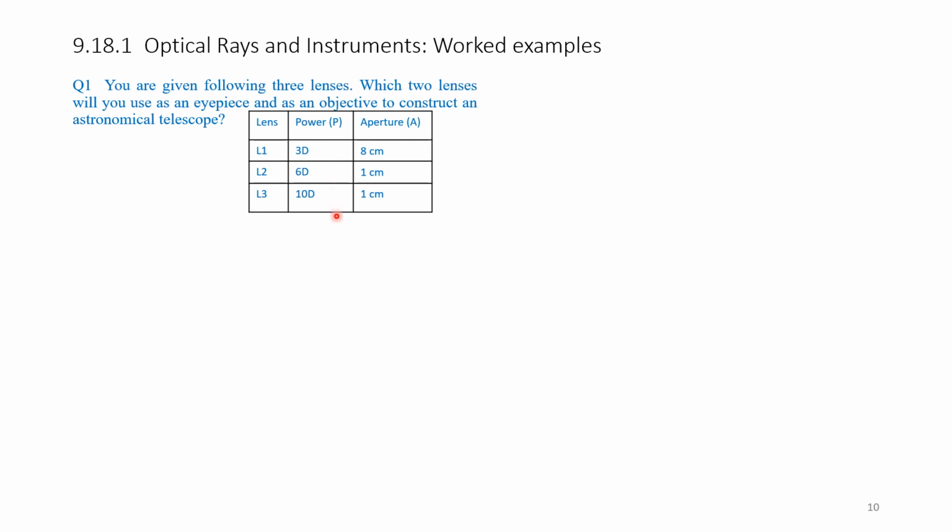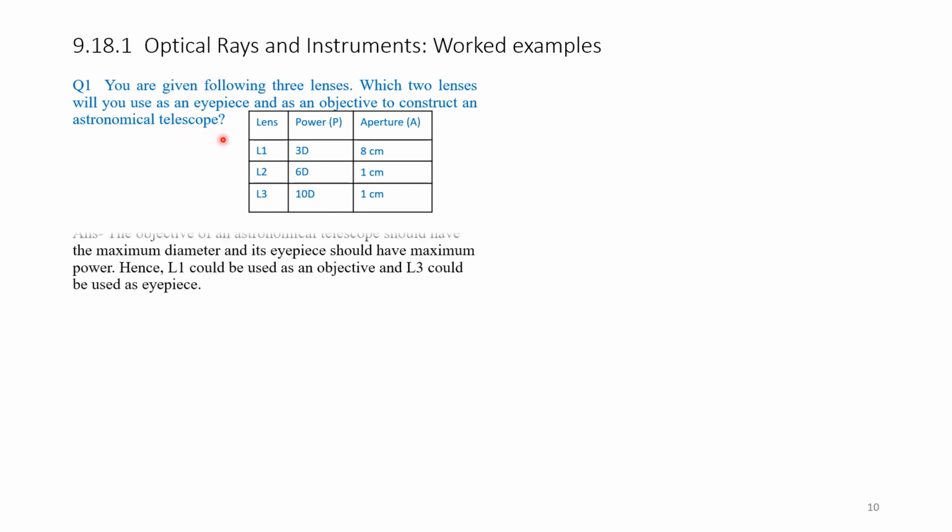So, he is asking which one will you select as an eyepiece and which one you will select as an objective to construct an astronomical telescope. The objective of an astronomical telescope should have the maximum diameter and its eyepiece should have maximum power.